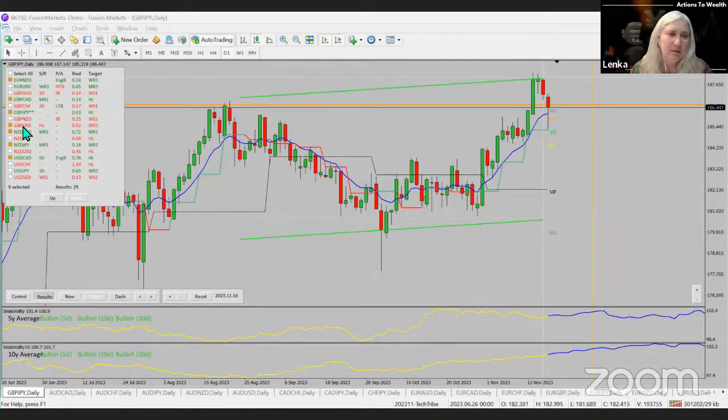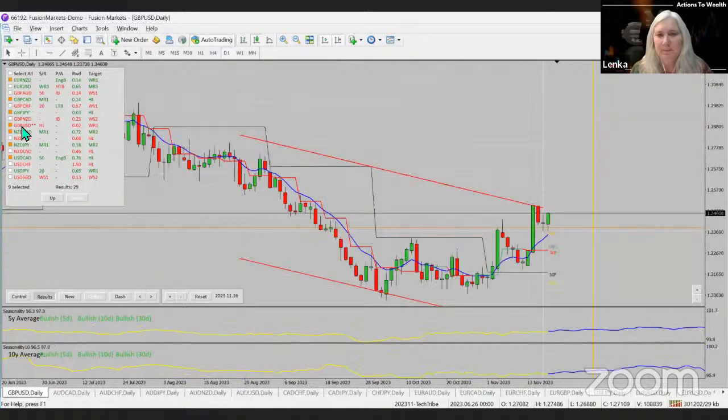Next, let me see what's next one. Okay, GBP USD. GBP USD also looking for long if we have a bounce off that previous level. So we had this level here, broken above.